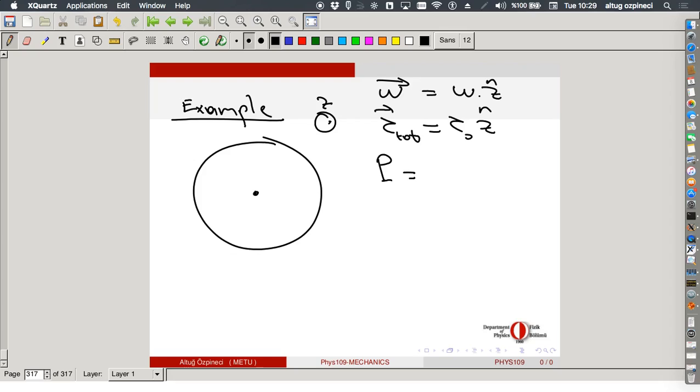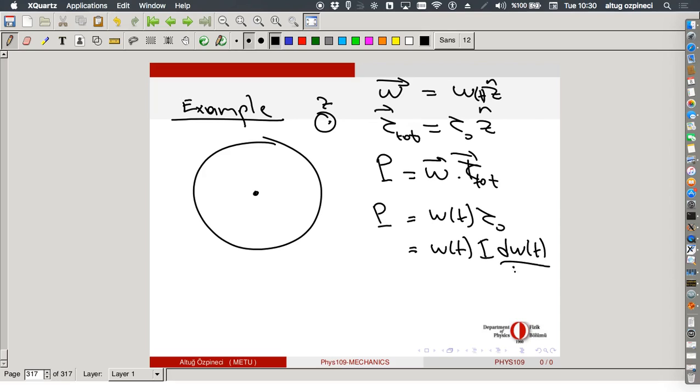So the angular velocity will be a function of time. Now the power will be the total torque times omega(t), and this is equal to omega(t) times tau. Now the torque we can also write as I times d omega(t) by dt, which is the angular acceleration, so the power is omega(t) times I d omega(t) by dt.